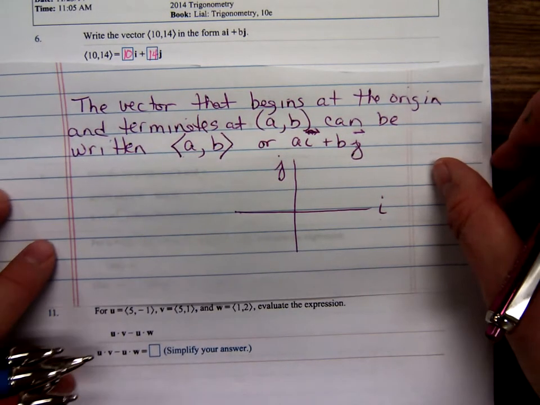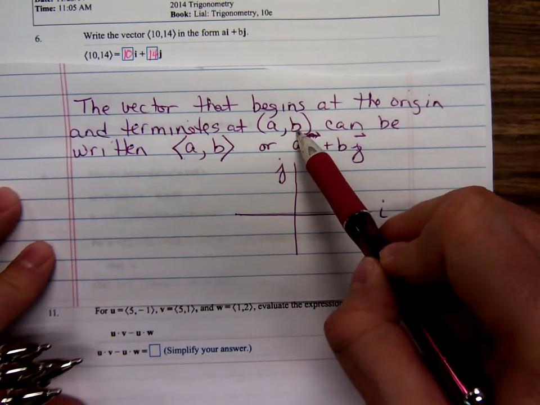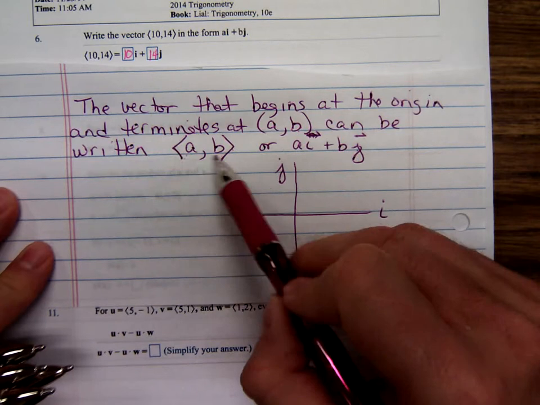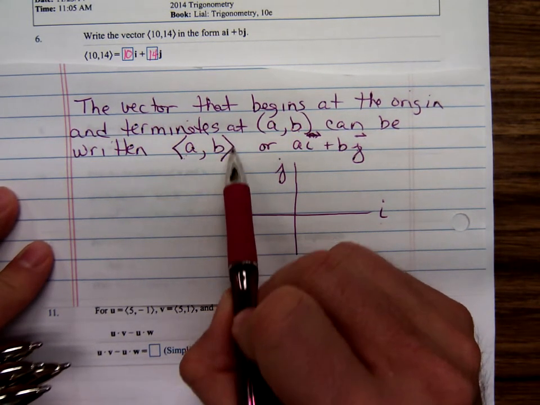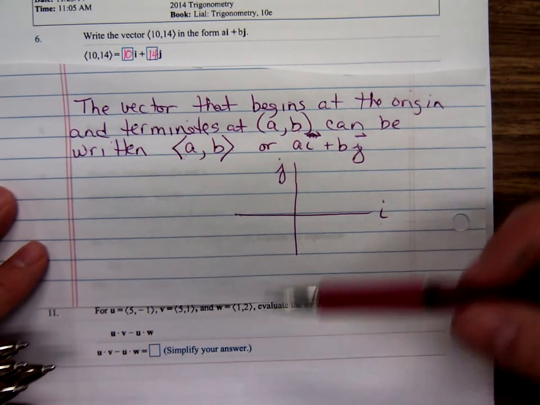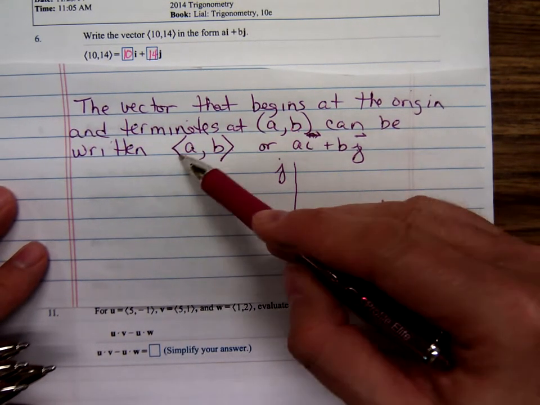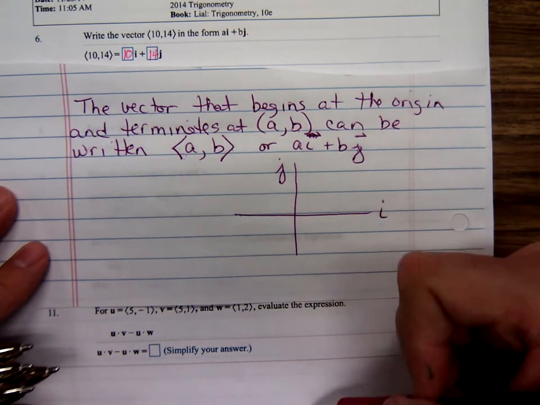It terminates at the ordered pair AB. It could be written either with the little ordered pair notation, the less than greater thans, or AI plus B times J.